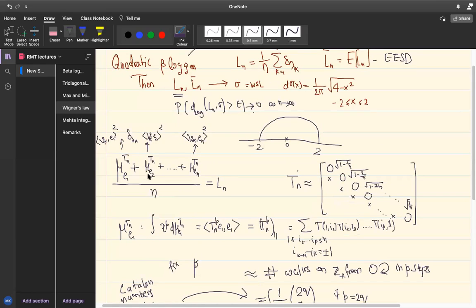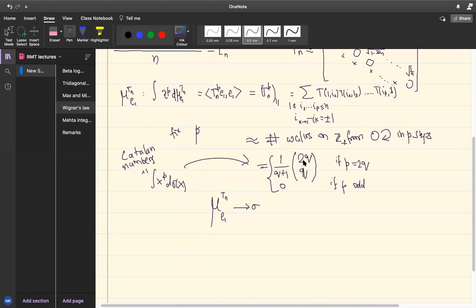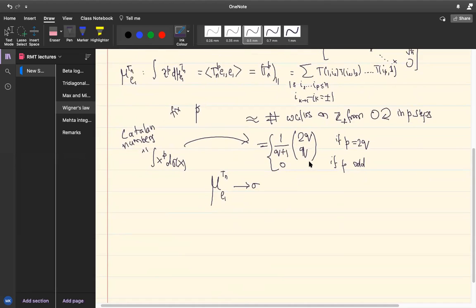So if I can show all these mu E2 Tn, mu E3 Tn, all these converge to sigma, then you can kind of believe that the average will also converge to the same thing. Like this is false. Okay, this is completely false. The reason it comes out is actually quite different. It's a bit funny that this comes out like this.